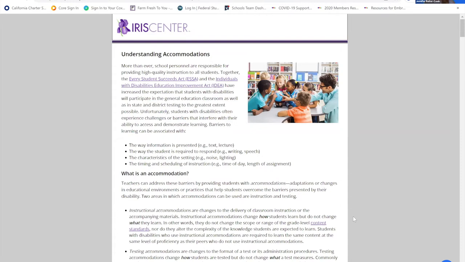And if you have time to, you can go down rabbit holes big time. So make sure you set aside some time if you're going to look at the Iris Center, but it is an amazing resource. I mean, everything from case studies to online activities, resources for student teachers, for yourself.